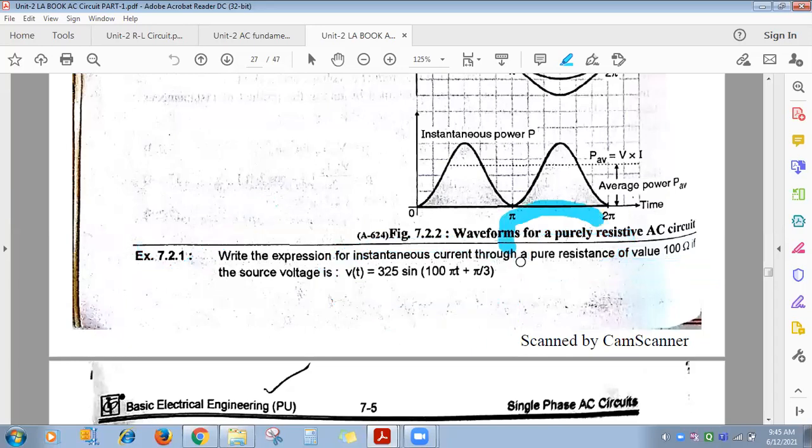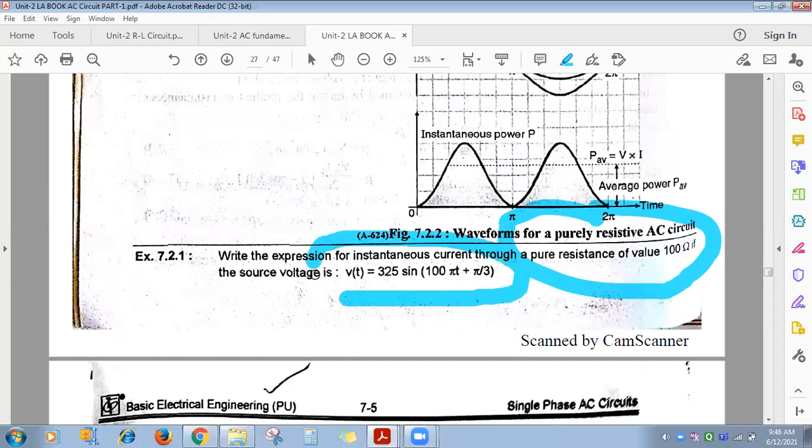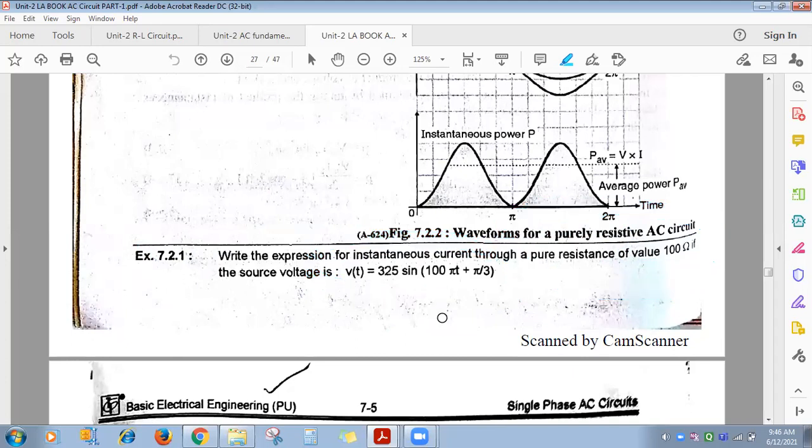Which type of load is it? Purely resistive. You don't have to identify the load because it's already given. It's a purely resistive load of 100 ohm, and across it the voltage source is connected. You have been asked to write the instantaneous current equation.